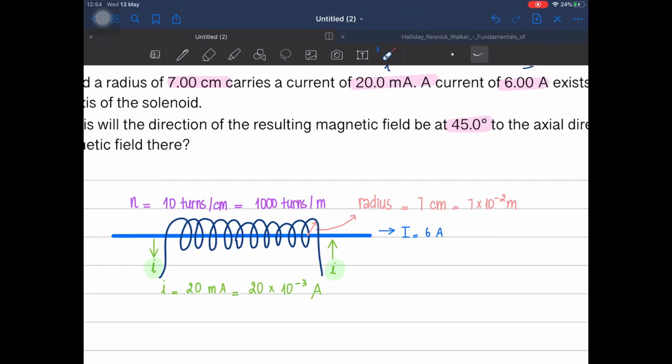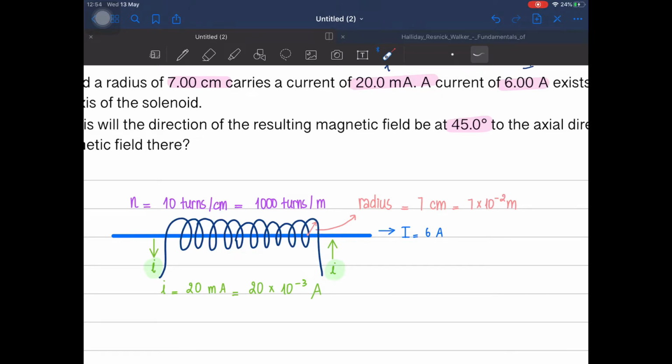If you're only reading the letters, you might not know what the problem is about. So the picture gives you a better idea through imagination.